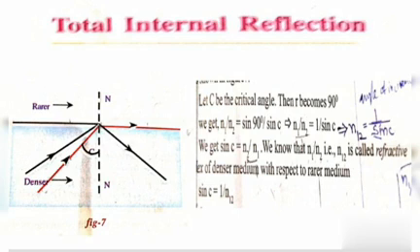So if the angle of incidence is more than the critical angle, what happens? The reflected ray will be there, and the refracted ray does not enter the rarer medium. It enters the denser medium only, that is, the same medium.